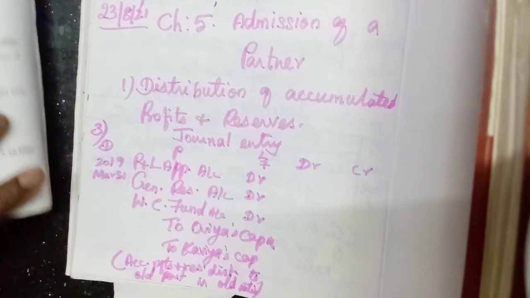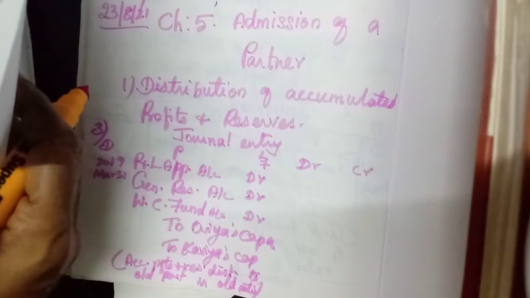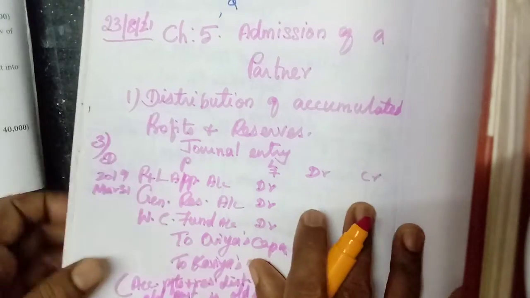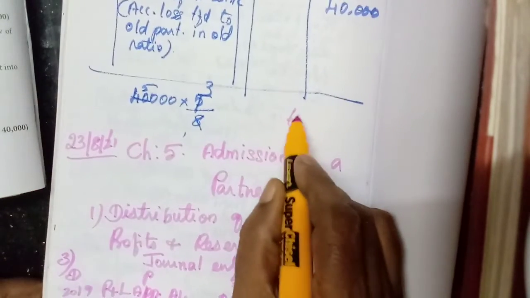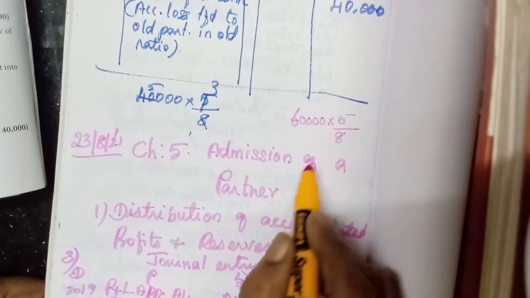Now we should calculate this amount. All the total amount: 40,000, then 8,000, then 12,000, total 60,000. 60,000 into ratio 5:3.